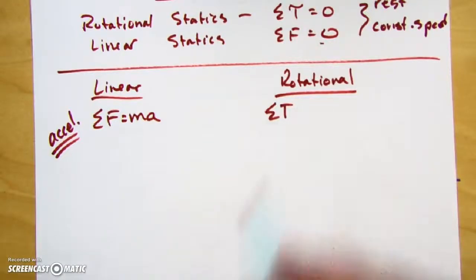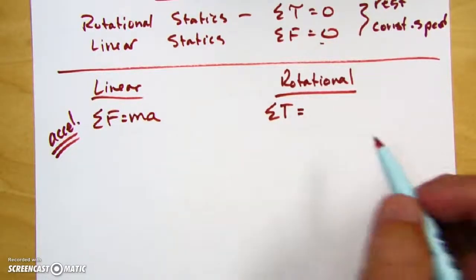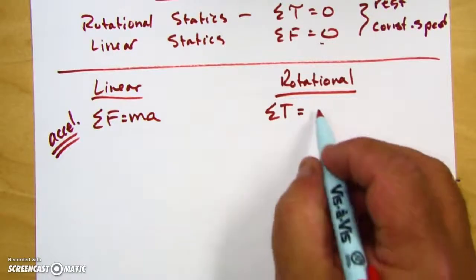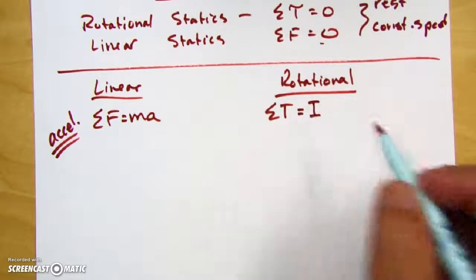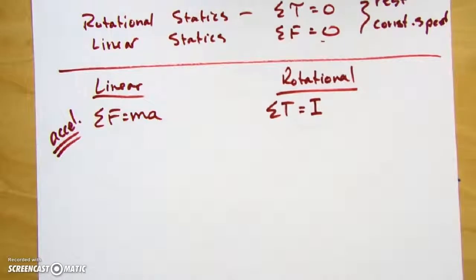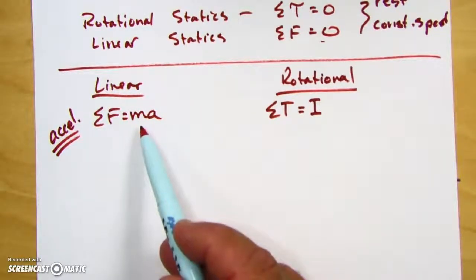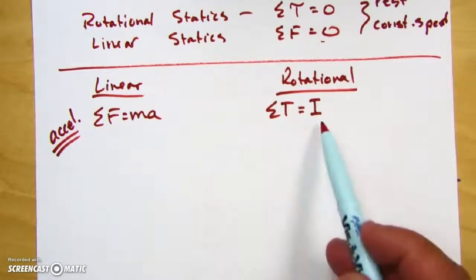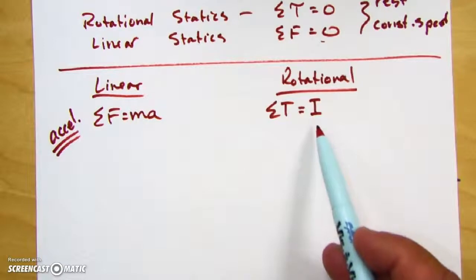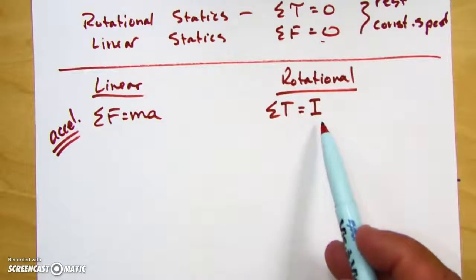The sum of the torques are going to equal, well, remember in the rotational world, it's not mass, it's moment of inertia. Moment of inertia tells you how easy something spins. Remember, mass tells you how easy something accelerates in the linear world. Moment of inertia tells you how easy something accelerates in the rotational world.